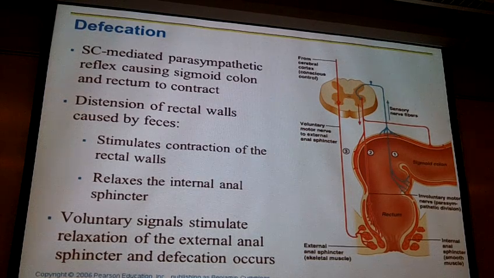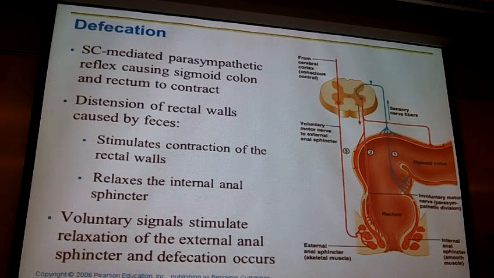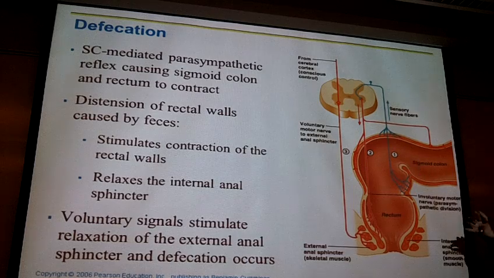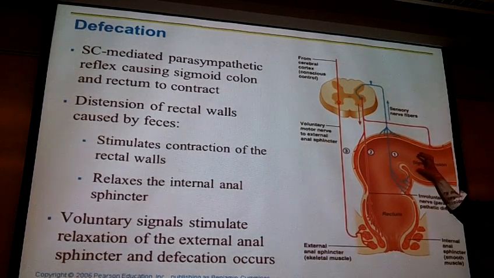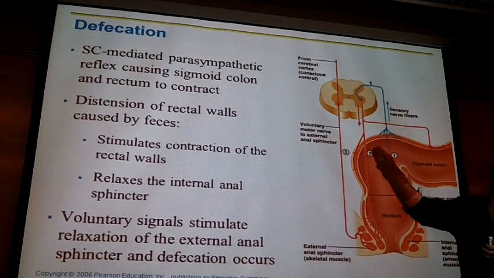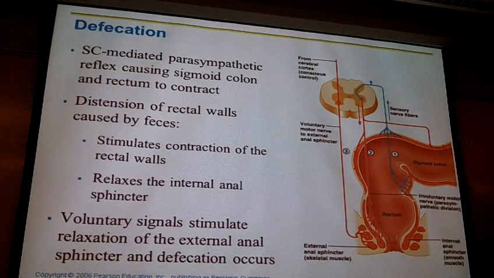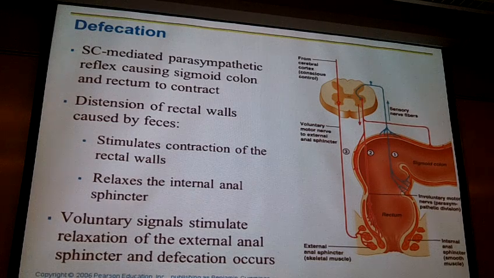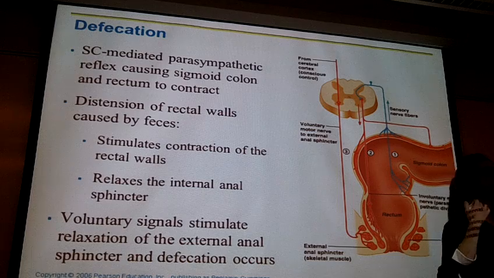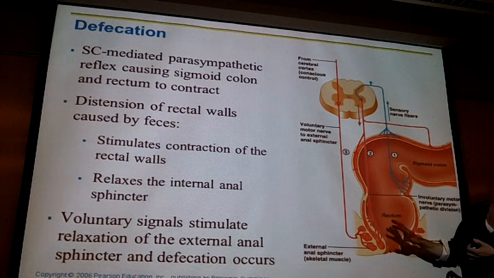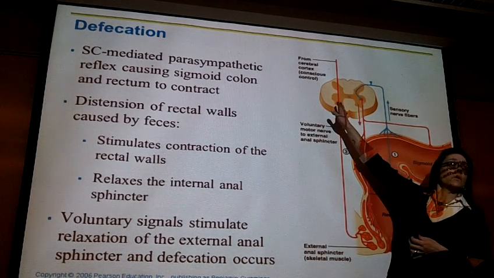So what's going to happen is when you get fecal material that moves down into the sigmoid colon and also down into the rectal area, that's going to activate stretch receptors in the wall of those different areas. And those stretch receptors then are going to send information along visceral sensory neurons up to the spinal cord.